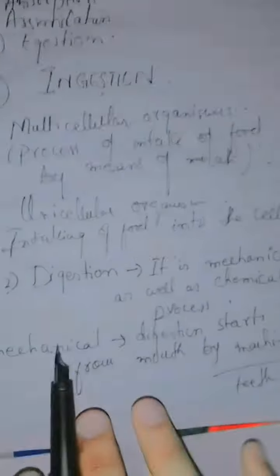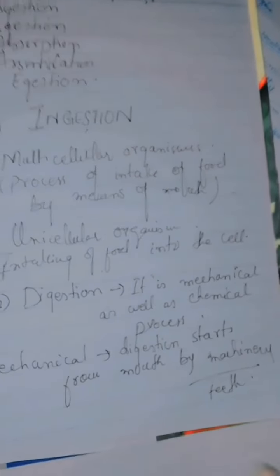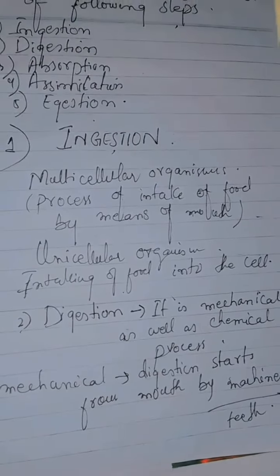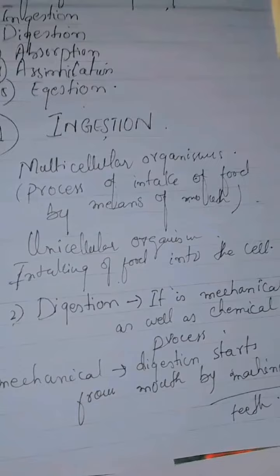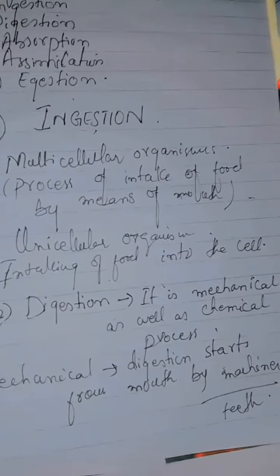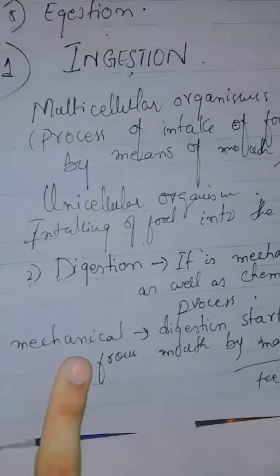So how it is a mechanical process: the digestion basically occurs from the mouth by the machinery, means through machinery the food is breaking down, the complex food is breaking down into the simplest molecules. So here the digestion occurs from the mouth by the machinery. So that is why it is a mechanical process.